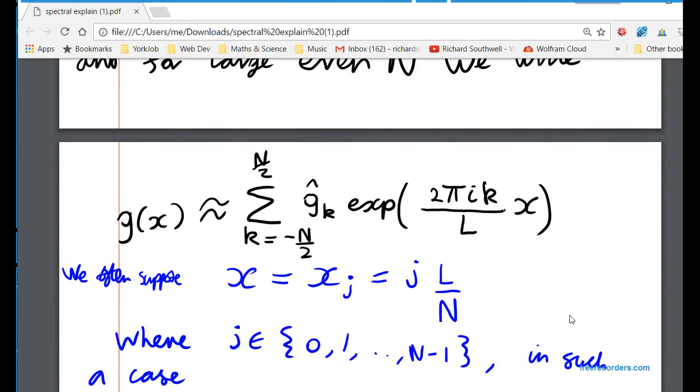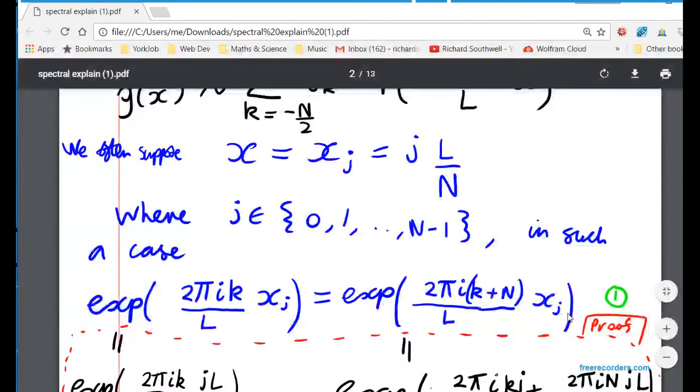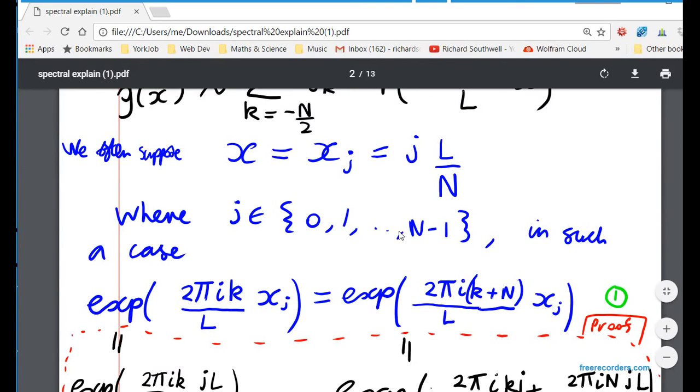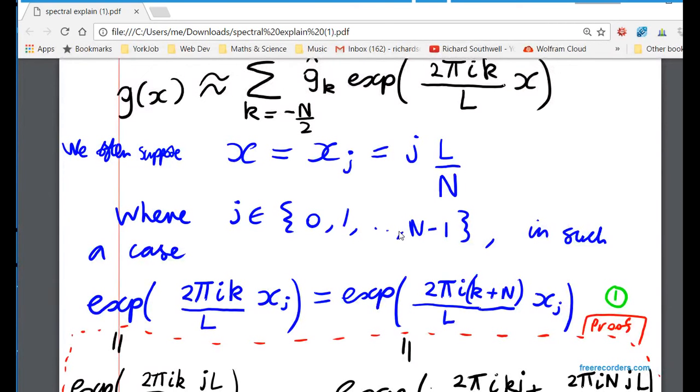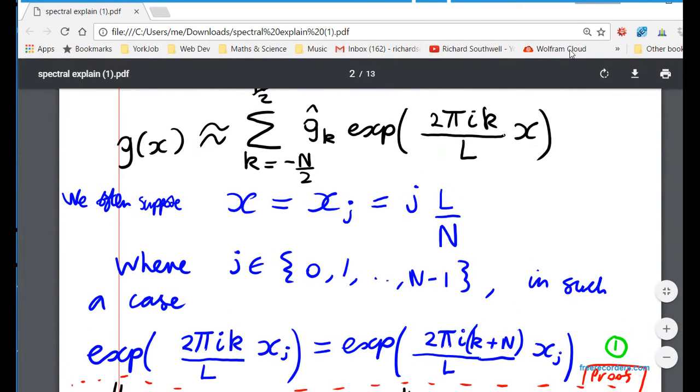And for such xj, if we have a look at this exponential term, we can see that it has this feature that it's periodic in k. What I mean is that if we add n to k, then we get the same thing.